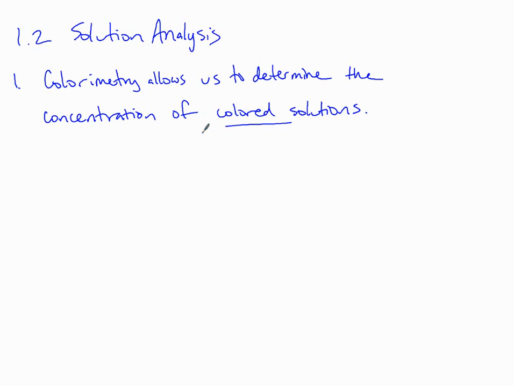So the question is, what do these solutions have in common? Some sort of a color. Suggest an explanation for the behavior of these compounds that make colorimetry useful. And this is a lot more technical than I would have expected in section 1.2. I'll just write it down and I'm not going to elaborate.